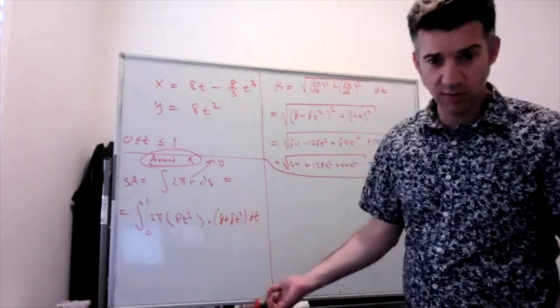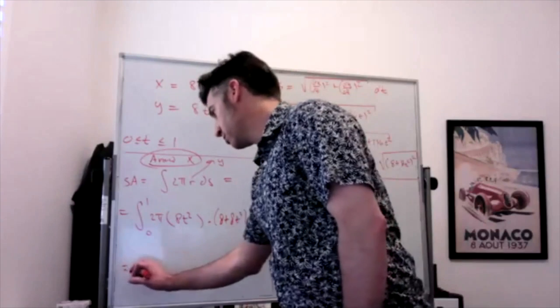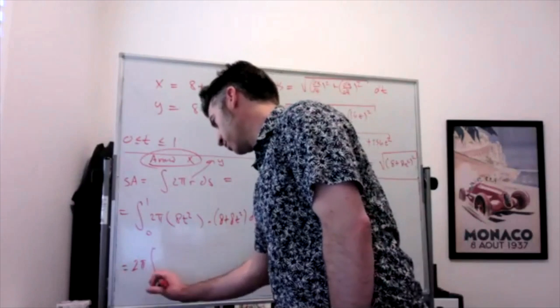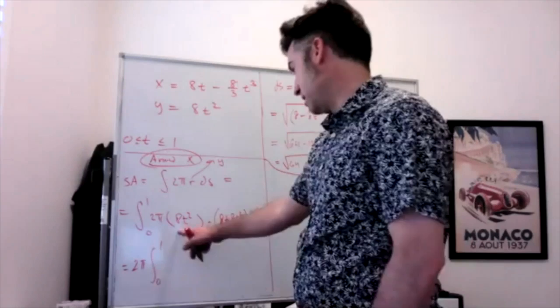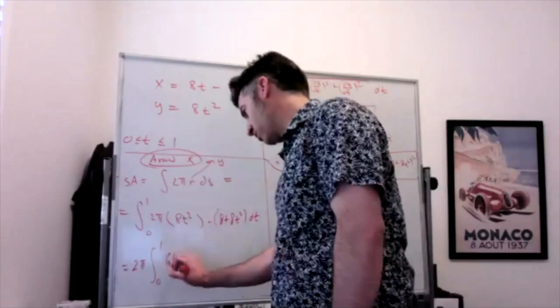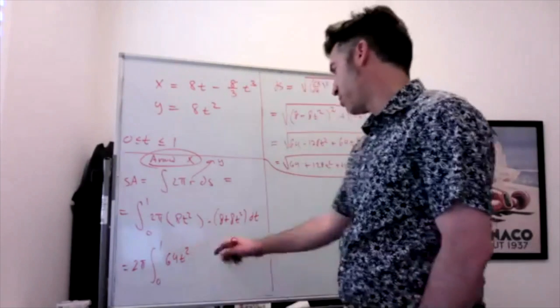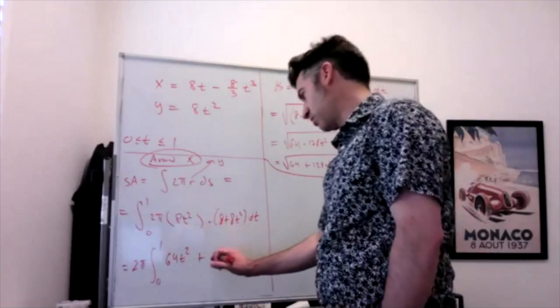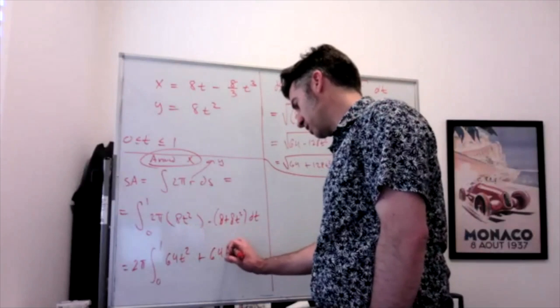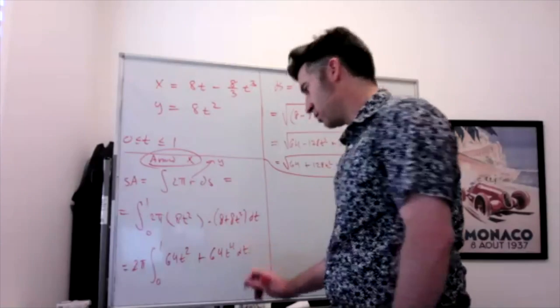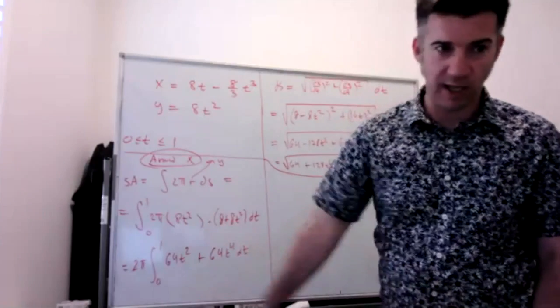That's not terrible. That would be 2 pi integral from 0 to 1 of 8t squared times 8, which is 64t squared, plus 8t squared times 8t squared, which is 64t to the fourth. Totally manageable. I think all of you could handle that, no problem.